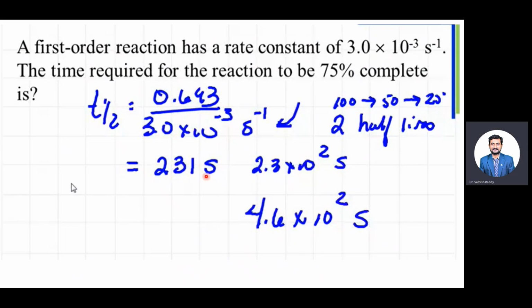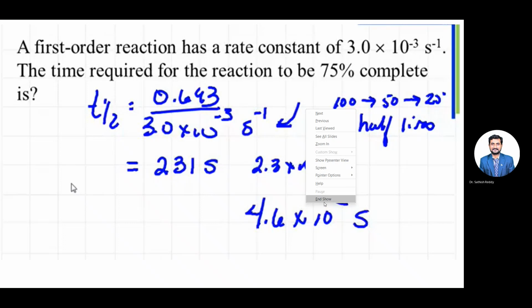So it gives 231 seconds, that is 2.3 times 10 to the power 2 seconds. Like this, we can calculate the half-life of the reactant, how much time is required for exactly half of the concentration to react.